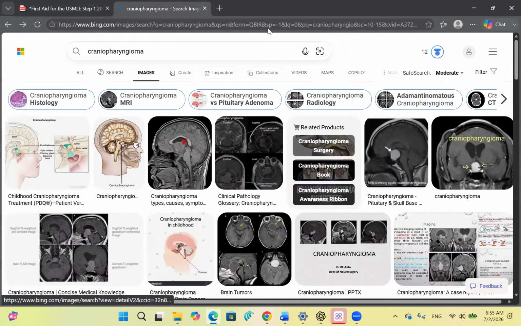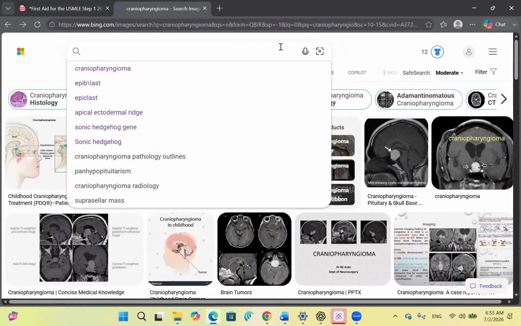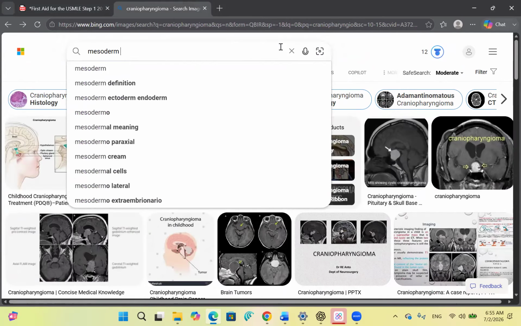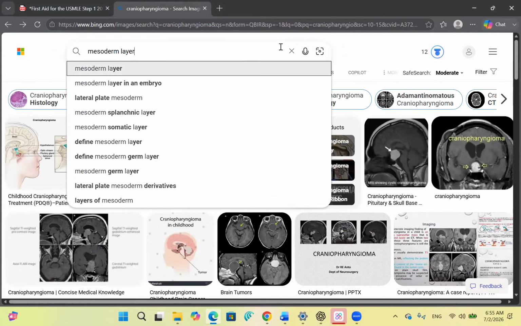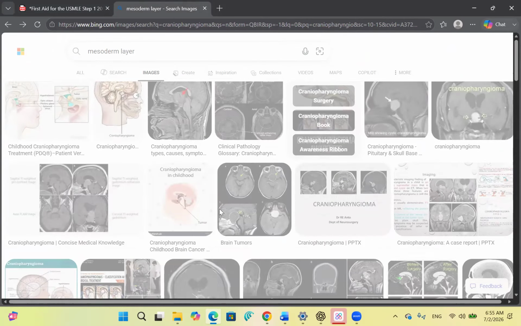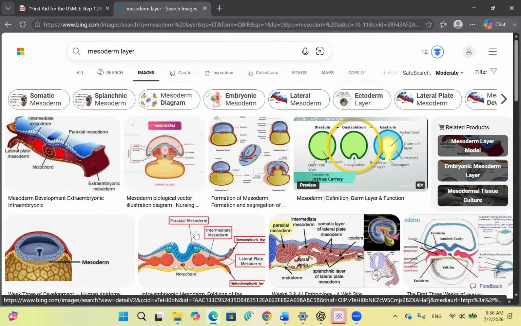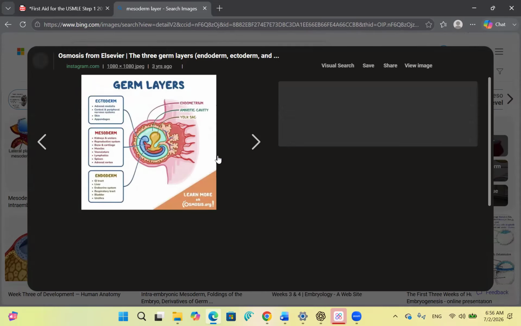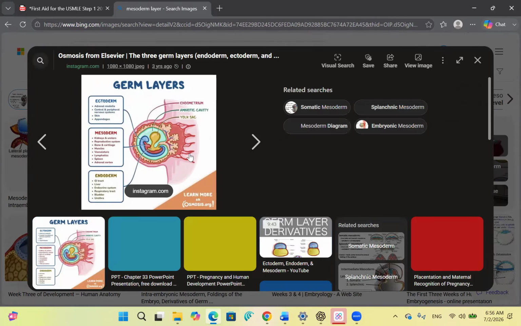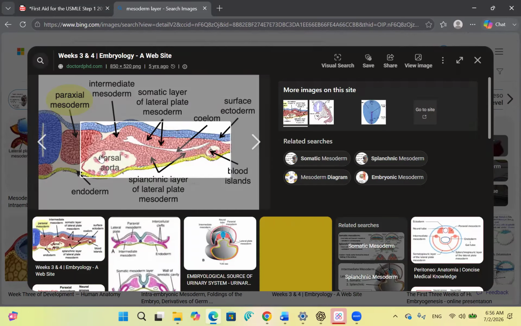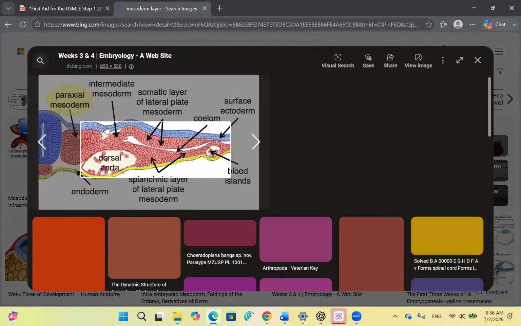Wait a minute, where did my picture go? What?